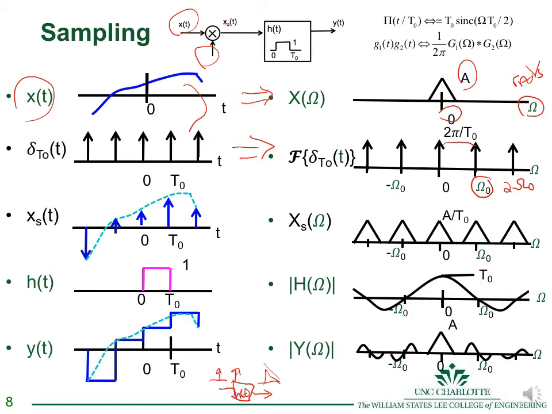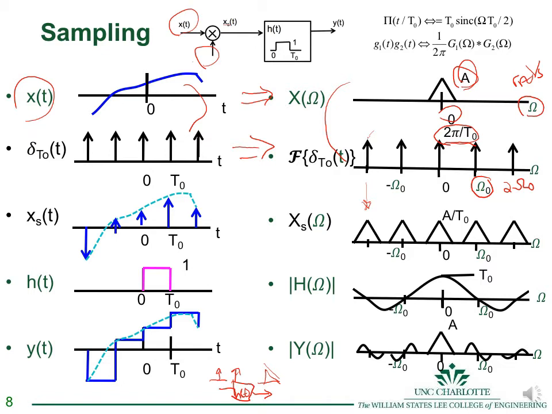And so by this argument, this convolution that we need to do in the frequency domain is very easy to do. I just replace each one of these impulses by the corresponding second function, which is the triangle. And so we see that below, at the location of each impulse, I have a triangle which represents the original spectrum, and it's multiplied by 2 pi over t0 times a.